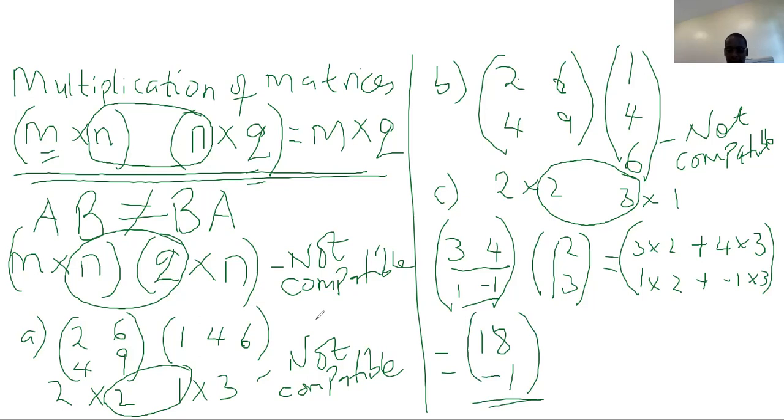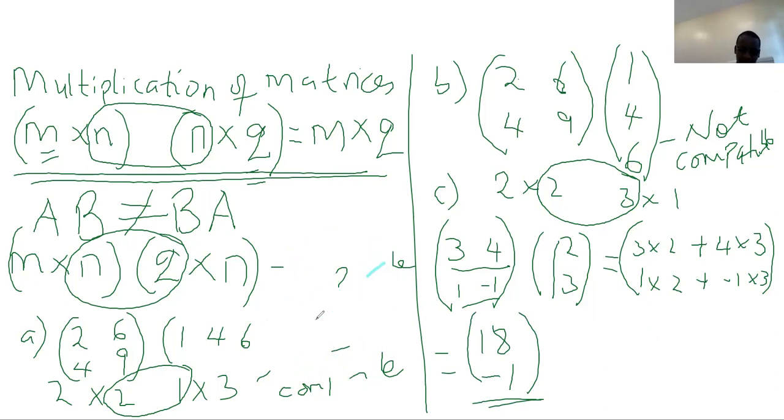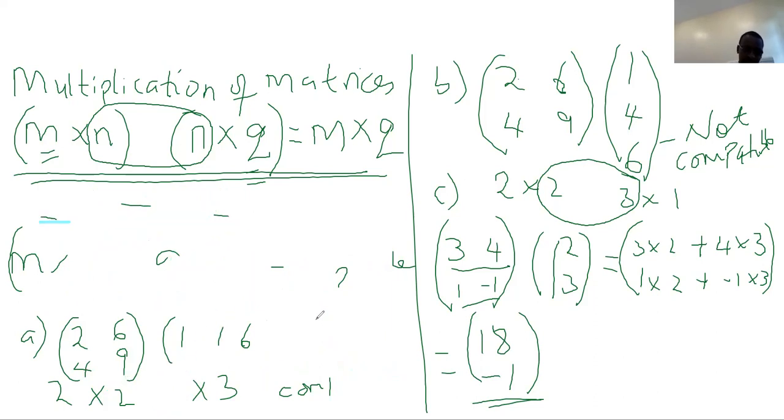Our question, the first matrix was of order 2 by 2. Then, by the way, we have finished there, so don't work further. I just want to show you what I meant. Let me clear this.